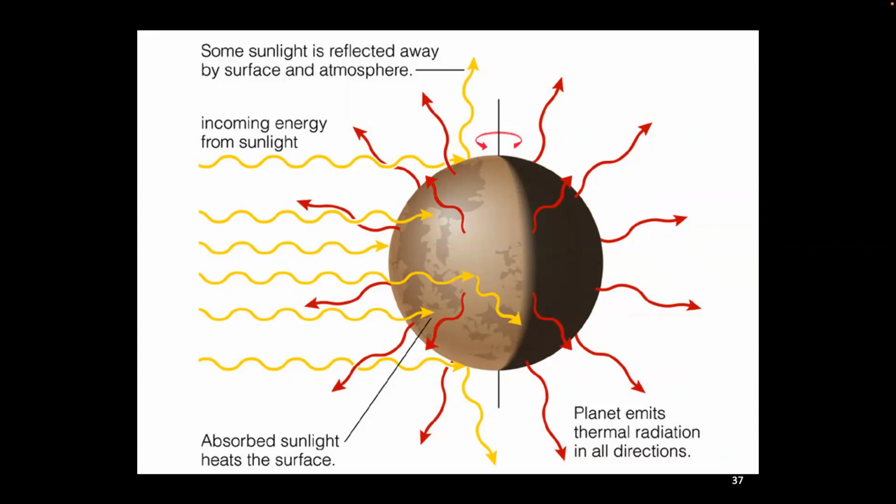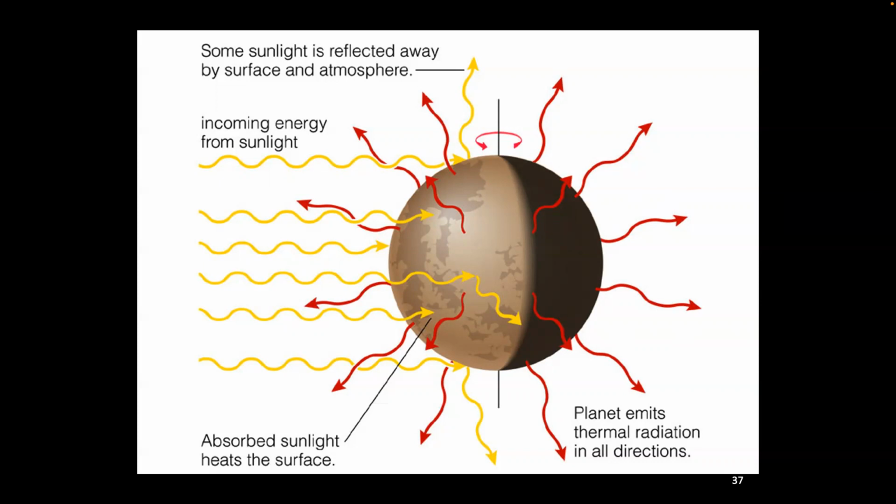But that absorbed light heats the surface. And the only way to get rid of it is to radiate it to space, right? That is infrared radiation due to the fact that it's hot. Okay? So incoming light illuminates one direction, but the whole planet is illuminated in its own infrared light. Does that make sense? Okay.